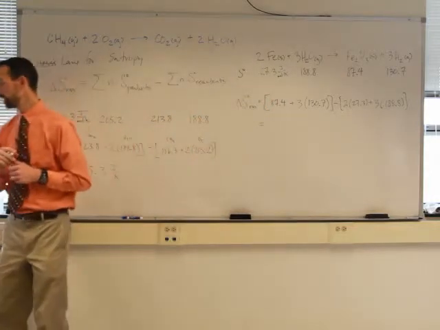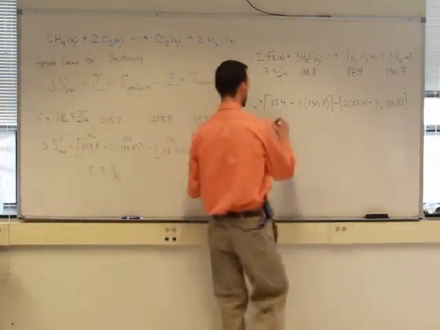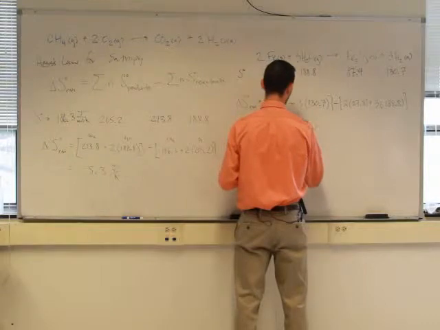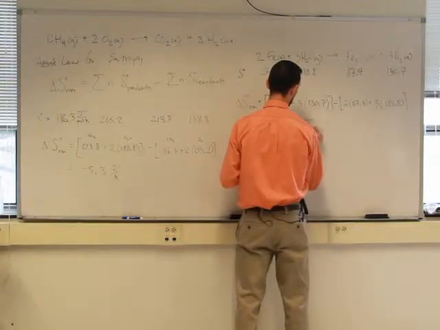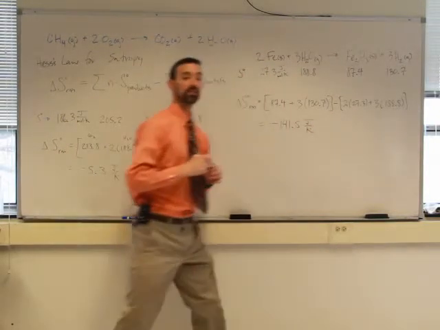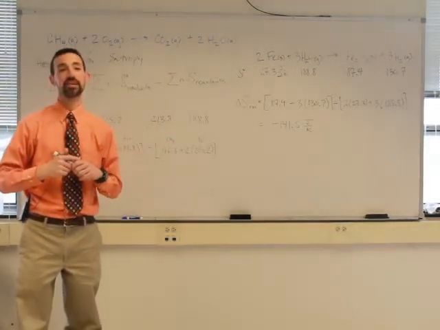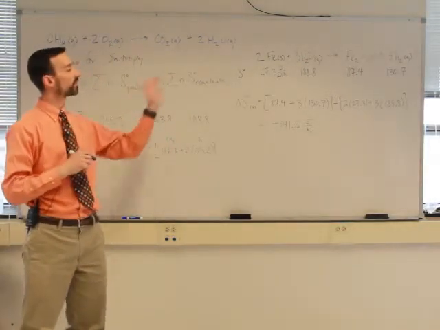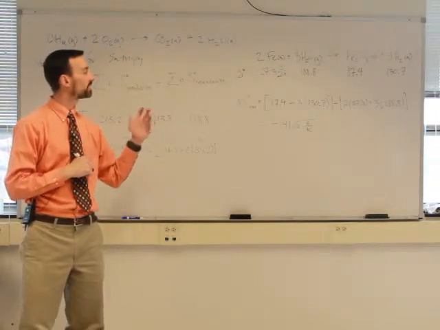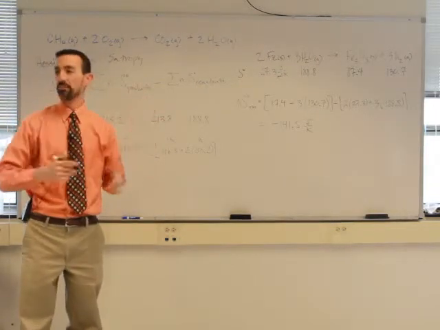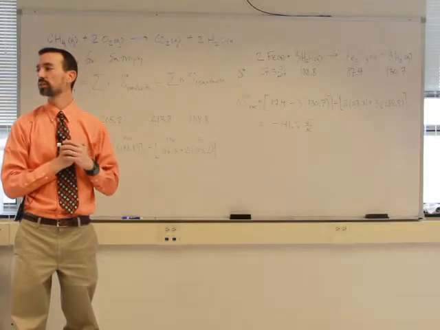So, do all that, you get negative 141.5 joules per Kelvin. So this is a negative, as we predicted, a decrease in the entropy moving from the left to the right, primarily due to the loss of a mole of material there.